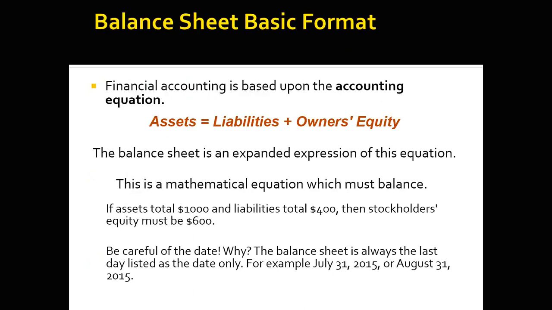Here's the main elements. Assets equal liabilities plus stockholders' equity. All assets will go on your balance sheet and you will get a total. All liabilities will go on your balance sheet and you will get a total. All stockholders' equity will go on a balance sheet and you will get a total. Your total assets must always equal your total liabilities plus stockholders' equity.